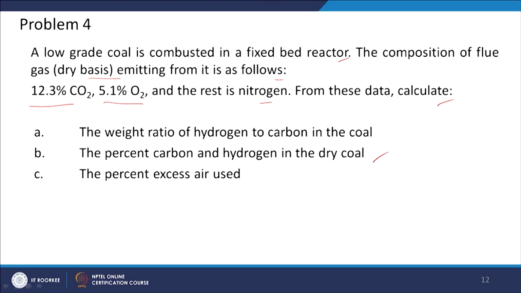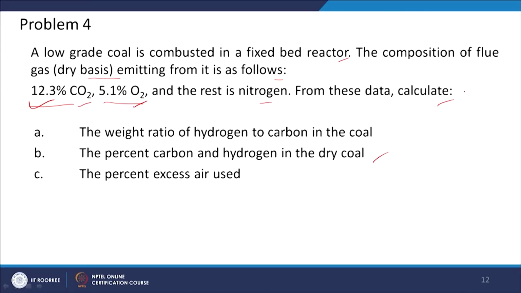So, here the flue gas composition is given. In case of combustion, steam is produced and it is also available with the flue gas. After cooling the flue gas, the moisture is removed, so the dry basis composition is given here, basically CO2 and oxygen and the rest is nitrogen.